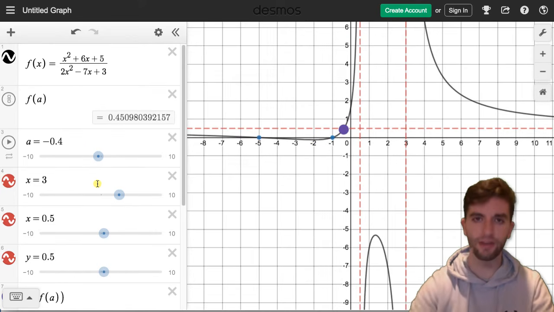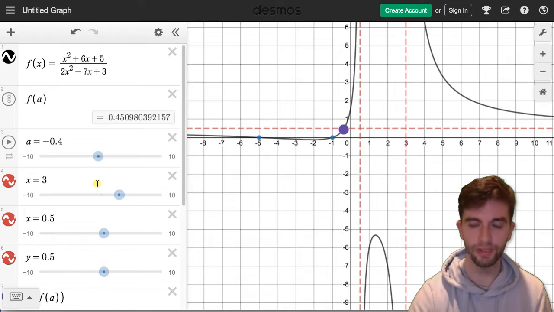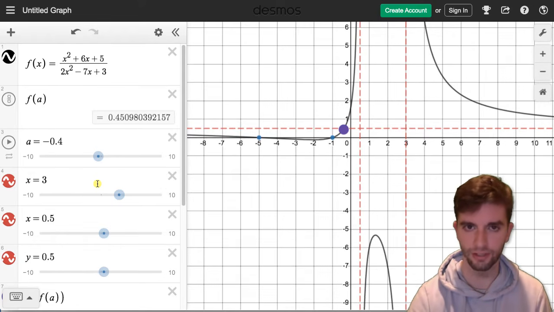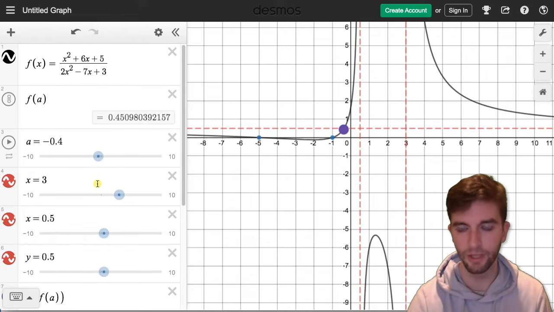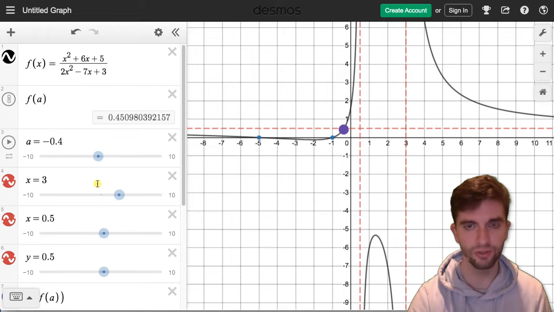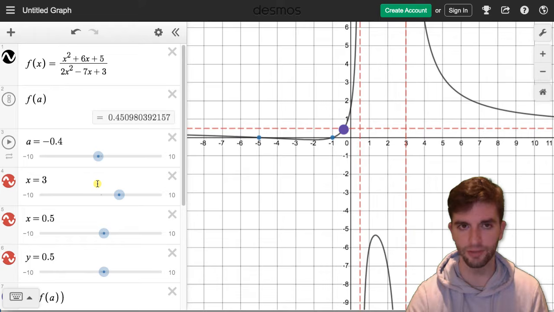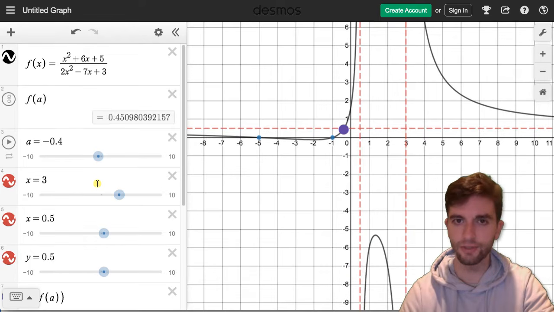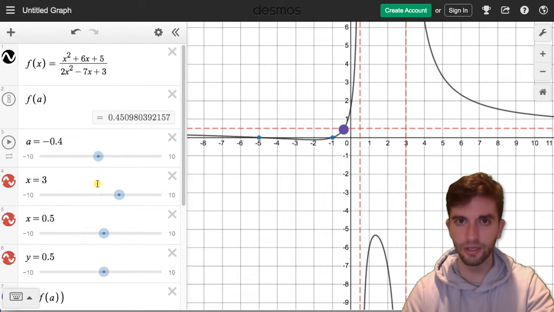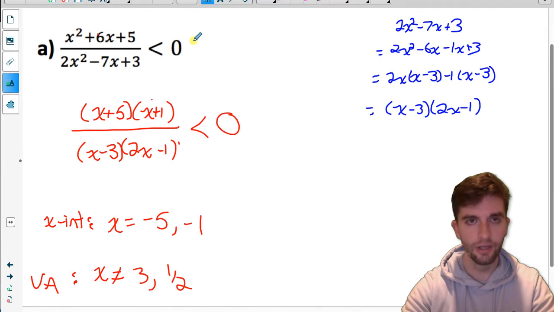So it's easy to see that, of course, at an x-intercept, that's a place where a function might switch from being positive to negative or vice versa. So x-intercepts are crucial dividing points that we might want to test between to see if the function is positive or negative, to see if that interval is an answer to our inequality. We're looking for intervals that output values that are less than 0.